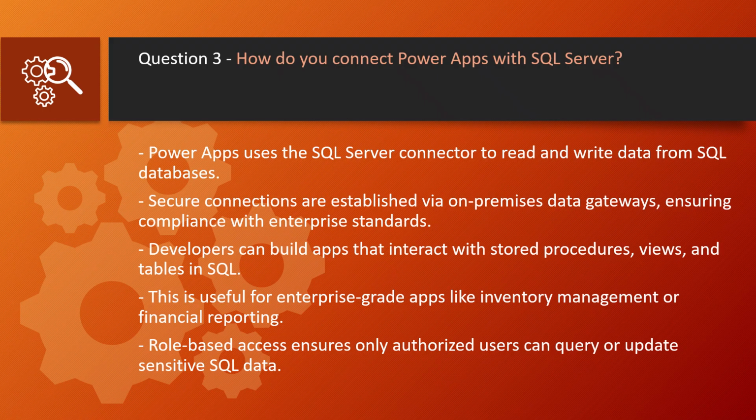Developers can build apps and interact with stored procedures, views or tables in SQL. It is also helpful for enterprise-grade apps like inventory management or financial reporting. Role-based access ensures that only authorized users can query or update the sensitive SQL data.